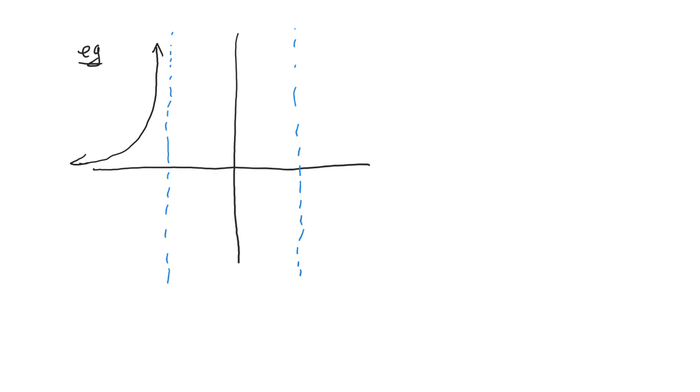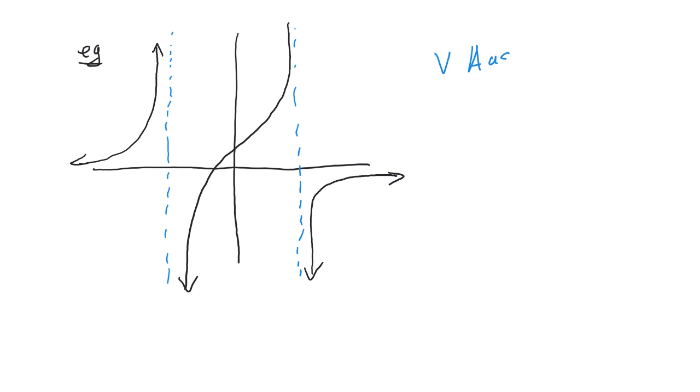There is one side of my graph, then maybe my graph does this, and then maybe my graph does this. The fact that I have those two vertical asymptotes tells me that it's discontinuous. The vertical asymptotes tell us that this is discontinuous. That's it.